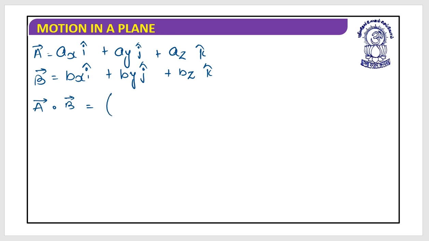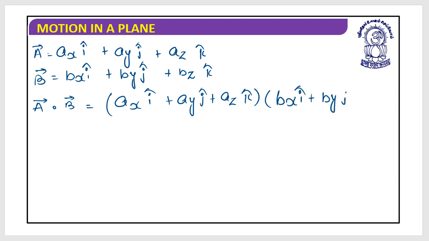So I multiply AX i plus AY j plus AZ k dot, multiplied with BX i plus BY j plus BZ k. Now I multiply one term by this, which is AX i cap into BX i cap.